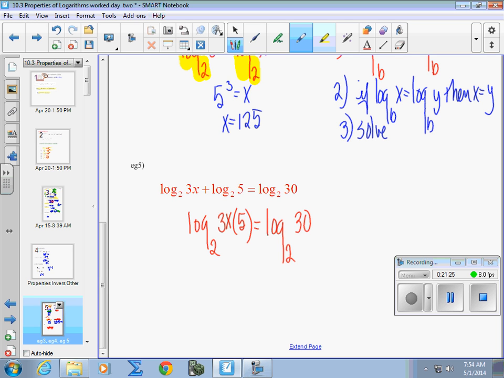So log base b of mn is equal to log base b of m plus log base b of n.